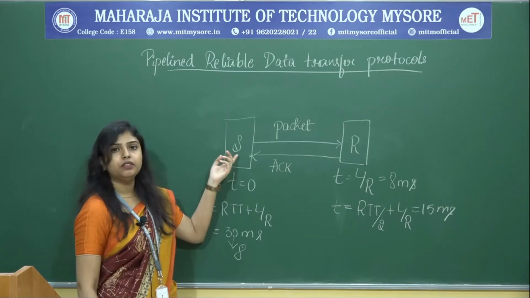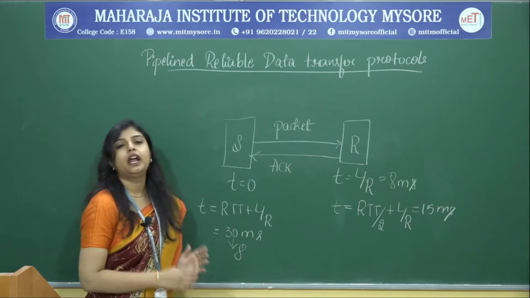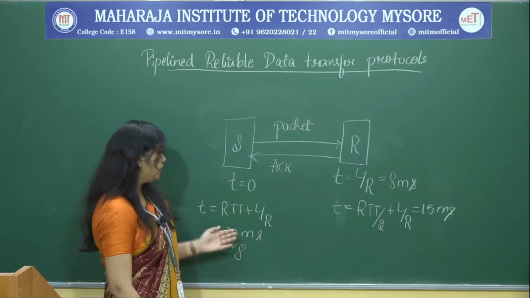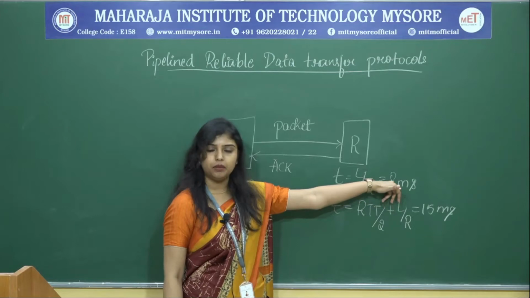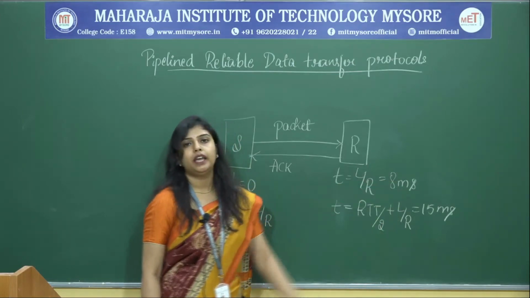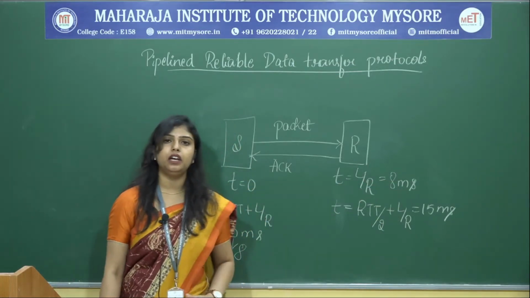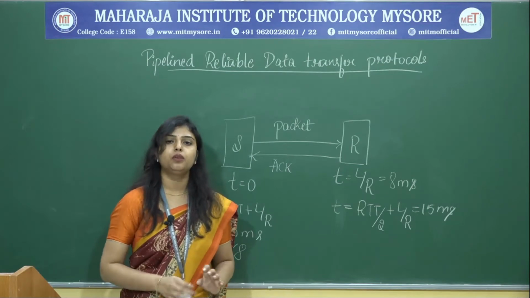That means for each packet the sender will stop and wait for the acknowledgement. Out of 30, only 8 microseconds is utilized, and the remaining time is wasted in waiting.